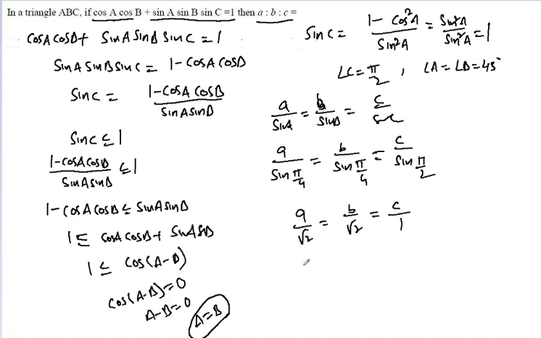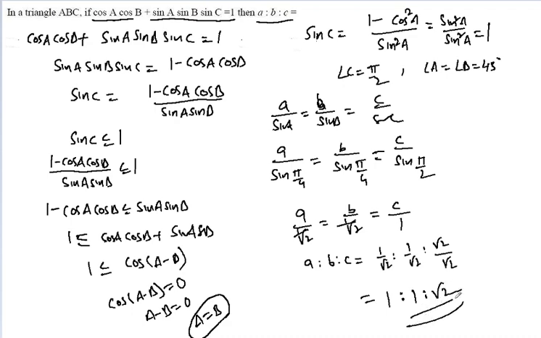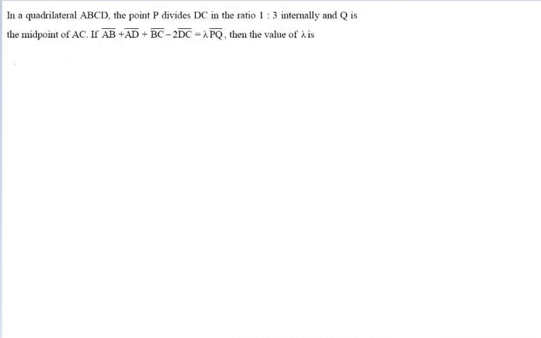Therefore a : b : c is equal to 1 by root 2 : 1 by root 2 : 1, written as 1 by root 2 : 1 by root 2 : root 2 by root 2. So root 2 is cancelled, that is 1 : 1 : root 2. This is a : b : c equal to 1 : 1 : root 2.